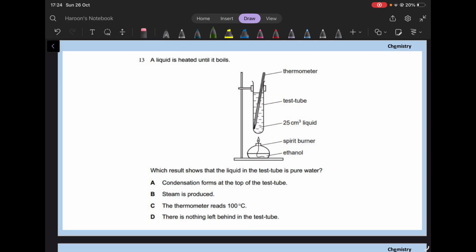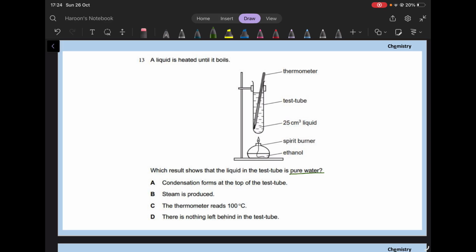A liquid is heated until it boils. Which result shows that the liquid in the test tube is pure water? So when we have pure substances, the change in state occurs at a fixed temperature. When it is a mixture, it melts or boils over a range of temperature.